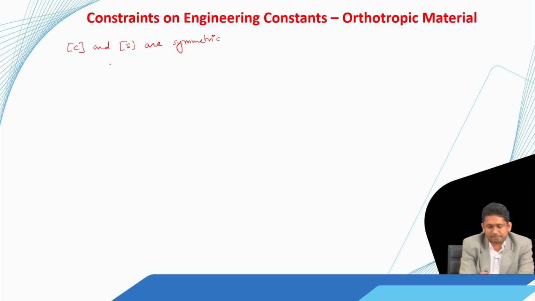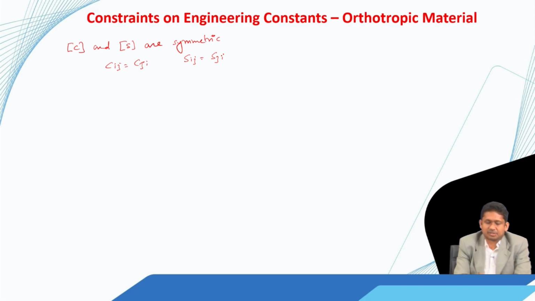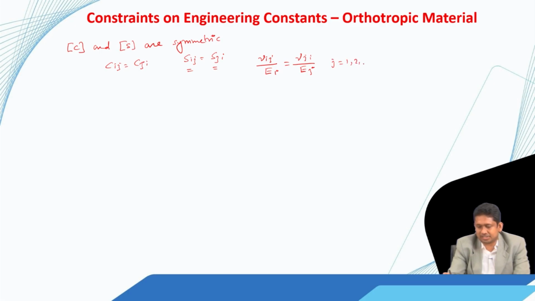So, if they are symmetric, that means Cij is equal to Cji, or Sij is equal to Sji. If Sij is equal to Sji, we can write nu_ij divided by E_i is equal to nu_ji divided by E_j. We have talked about the relations between these nus, and that is how this relation comes into the picture.